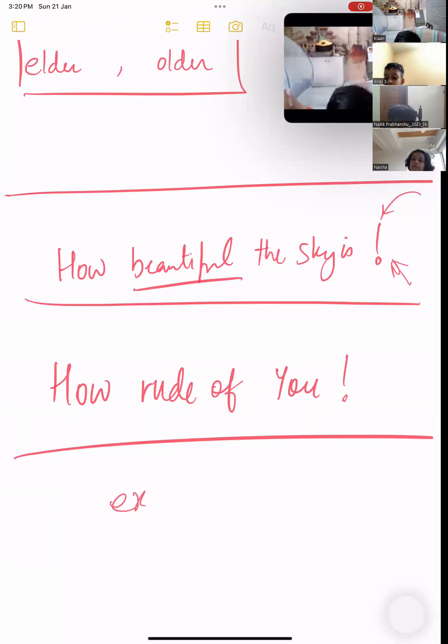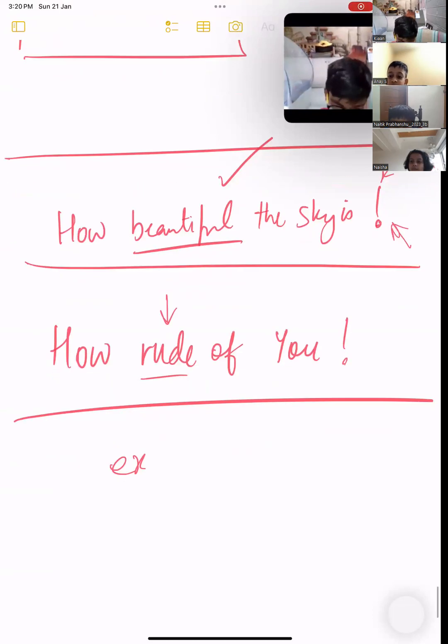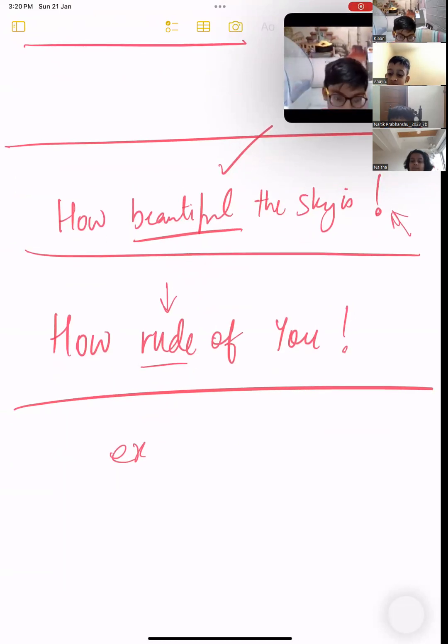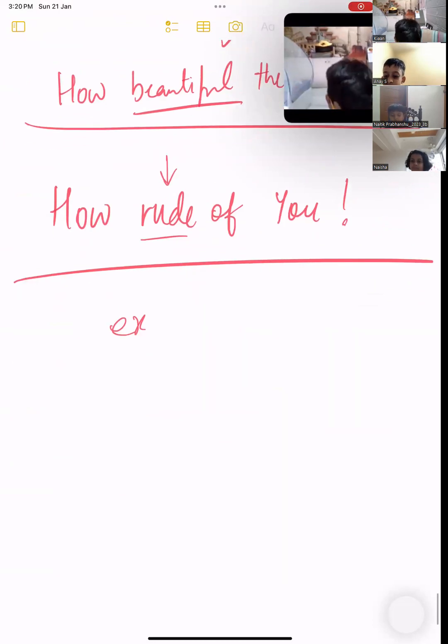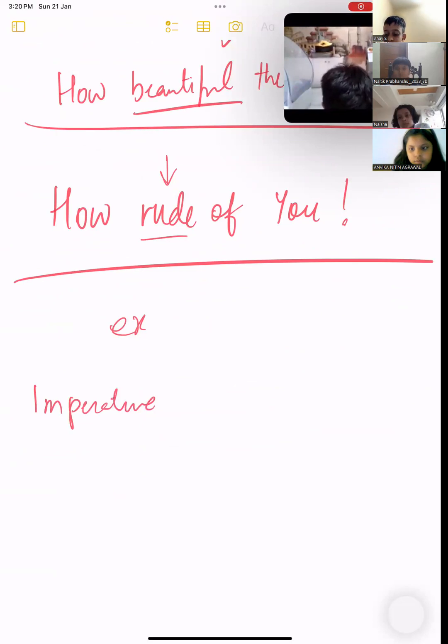Your emotions can be happy or sad. But with the help of this word rude, it tells us that we are in a very bad mood. How beautiful the sky is. We are in a jolly mood. Right? Now do you understand exclamatory sentences? Now, when I talk about imperative sentences, sometimes I may use an exclamation mark in an imperative sentence. So don't give me that difference that, ma'am, an exclamatory sentence will always end with an exclamation mark, whereas an imperative sentence will not.